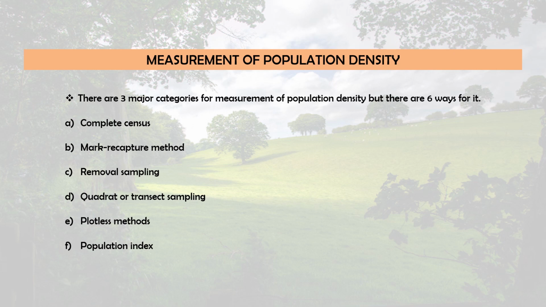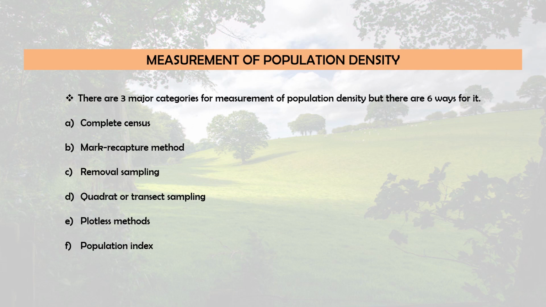In the case of measurement where we cannot see all the organisms, we perform four types of measurement schemes: the mark and recapture method, removal sampling, quadrat and transect sampling, and plotless methods. Here, the mark and recapture method.